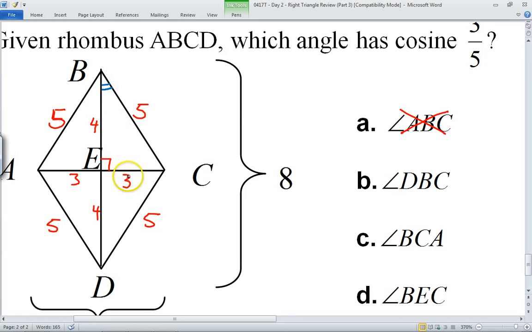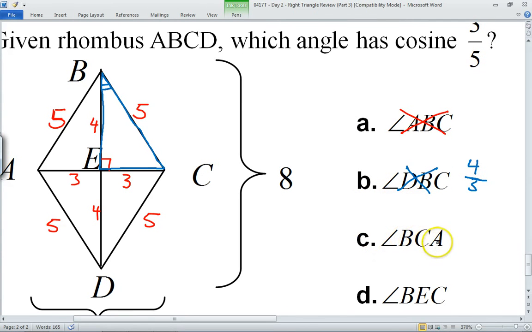Now, it doesn't matter that it went all the way down to D. Just look at this triangle right here. This angle, the cosine, we're talking about cosine, would be adjacent over hypotenuse. So that would be 4/5, not 3/5 that we wanted. So it's not that one.